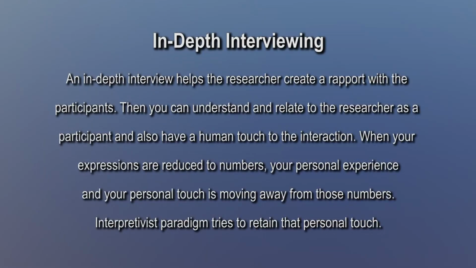We've all heard of interviewing, but what is in-depth interviewing? An in-depth interview helps the researcher create a rapport with the participant. So then you are able to understand and relate to the participant and also have a human touch to the interaction.